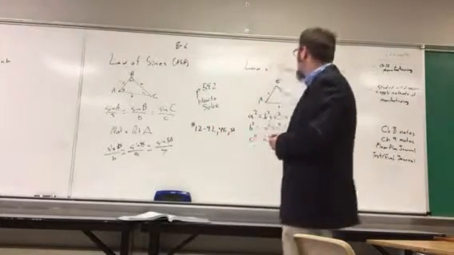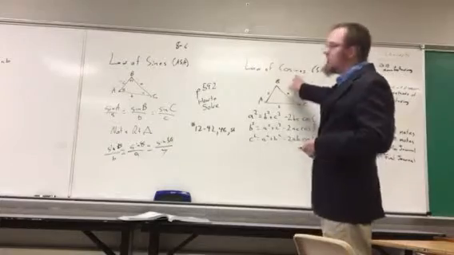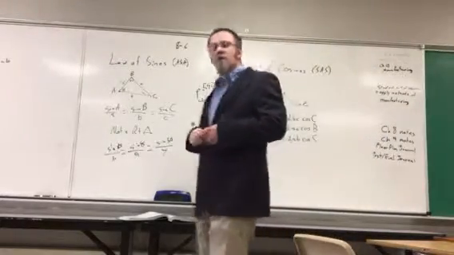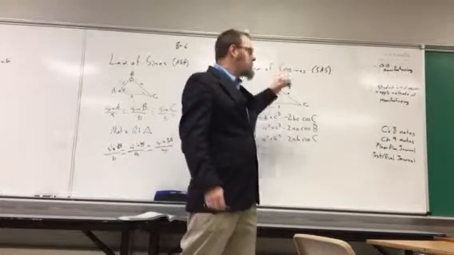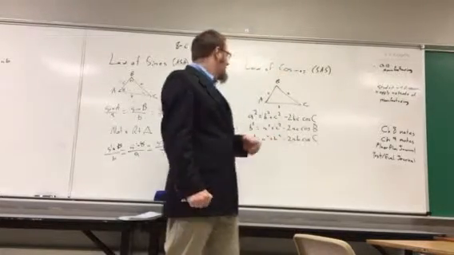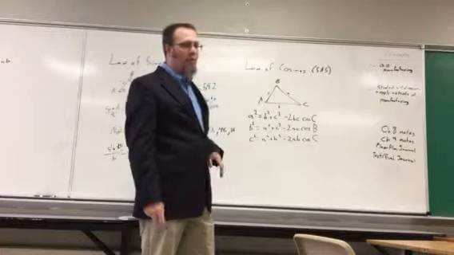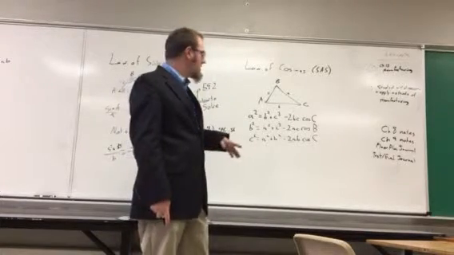Okay? The law of cosines, on the other hand, is what we use if we have two sides and the included angle. There are a number of different ways that this can go together.